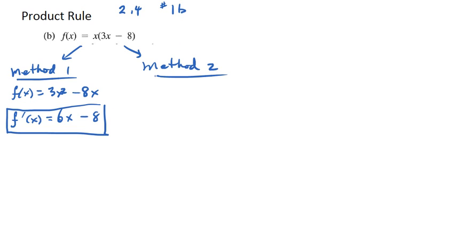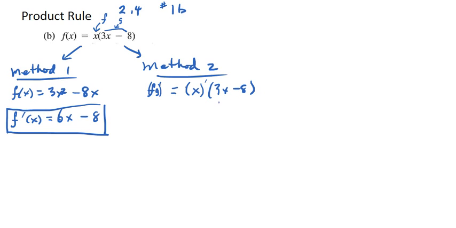Product rule, remember, is going to look like this. If we identify this one as our first function f and this one as our second function g, then the product rule is going to be the derivative of x times 3x minus 8.